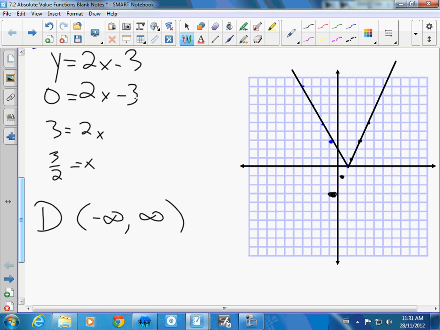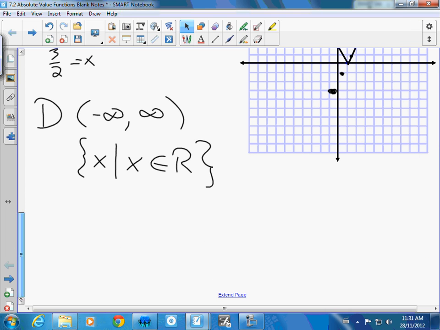How do you do it as roster notation or set notation? X is all elements of R. It's all real numbers, basically. It's everything. Every number you can conceive of for x is part of that system. Do you have to know both?